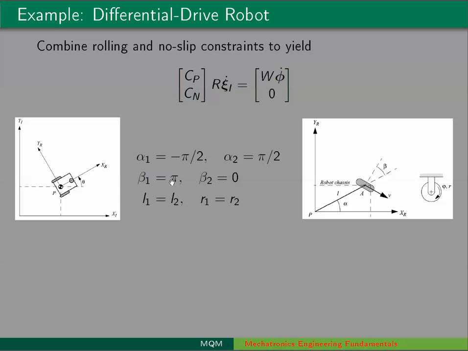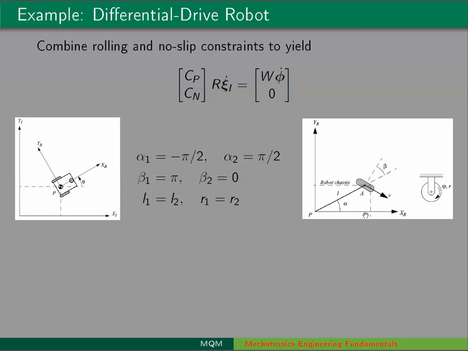Okay, for this example, we have these parameters. Alpha 1 is negative pi by 2. So that means that we have one wheel down here on the y-axis. And beta 1 is pi. And the reason beta 1 is pi is so that a positive velocity, phi 1, will give us a robot velocity in the positive x direction.